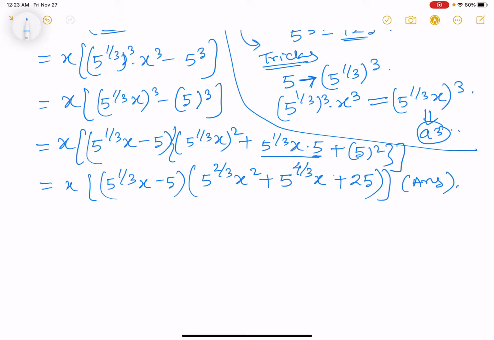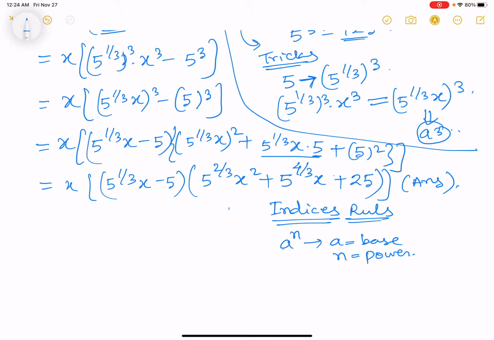So what is the rule of indices? I explain here. Indices rule. If you see a to the power n, here a is the base and n is the power. So this is the base, this is the power. Now another term is a to the power b. Similarly a is the base and b is the power.